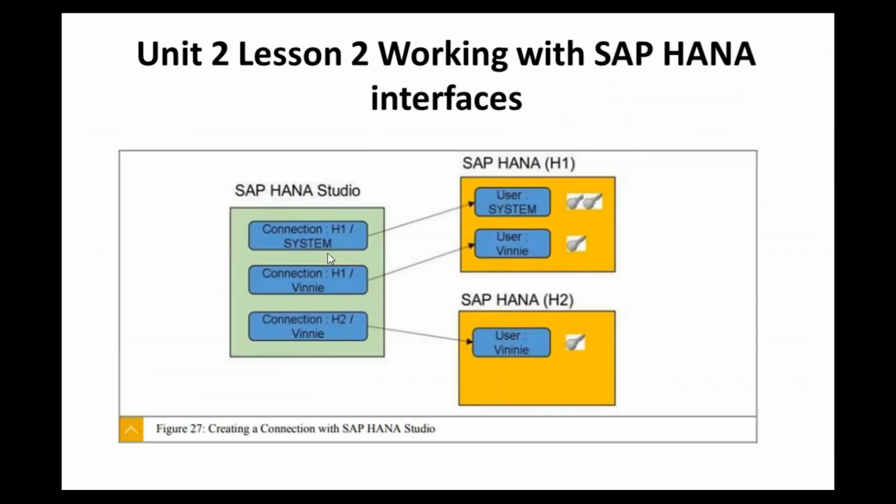We have the HANA Studio, with connection systems, H1 and H2 connections. This is HANA Studio, and I'll be explaining it to you, with the username and password. What we need to understand from this is that in HANA Studio we can configure the HANA 1 system and the HANA 2 system. There can be multiple servers, and we can log in to multiple HANA servers from a single HANA Studio, just like we have the SAP GUI logon pad, from which we are able to log into multiple systems, right?